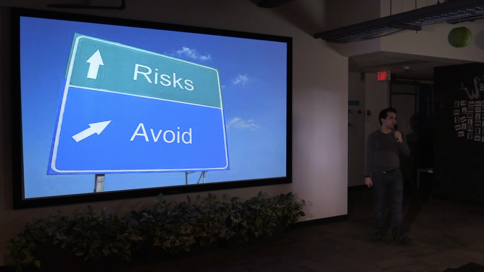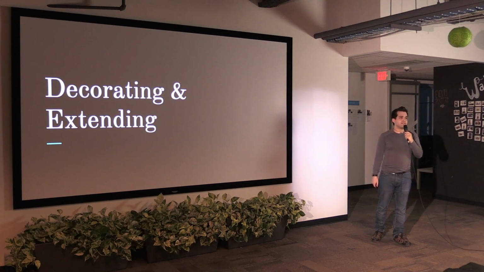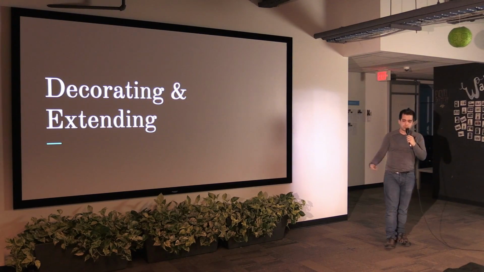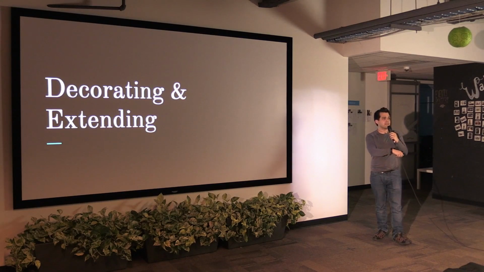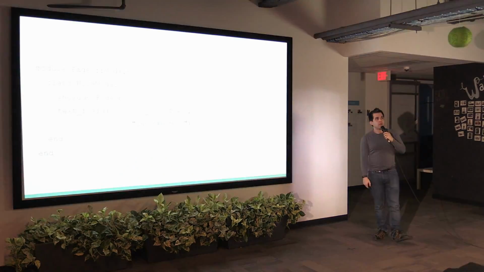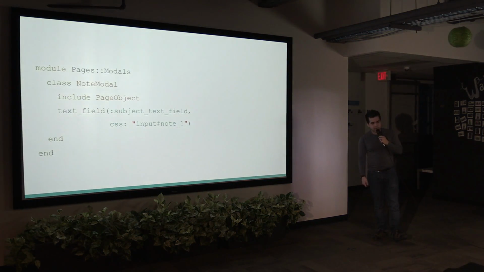So the first tactic to avoid monkey patching is typically just decorating and extending. We're going to go through a contrived example that actually existed in the code base at Clio. Basically, there's this gem called page-object that's really useful for integration tests, helping us pull forms out so we can fill them in for the purpose of Capybara or Selenium.